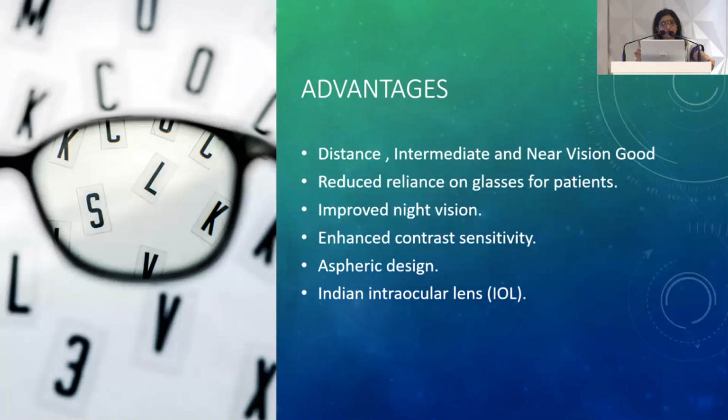You can also do this in the Indian intraocular lens segments, and it offers cost-effective solutions, which is very, very important if you want to target the whole range of patients that come to you.